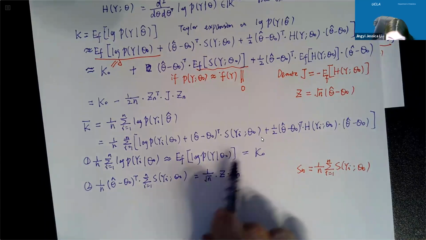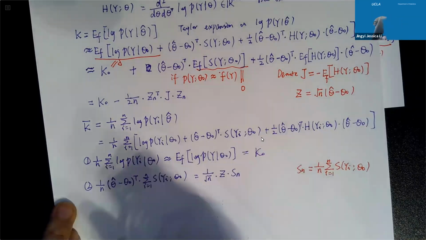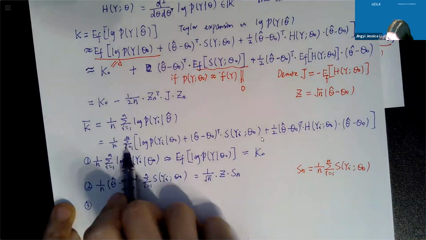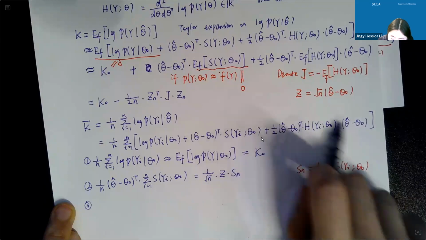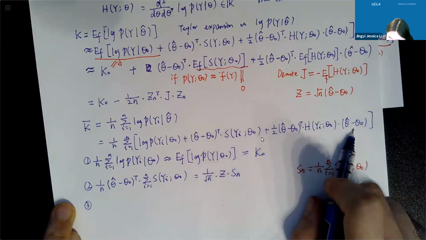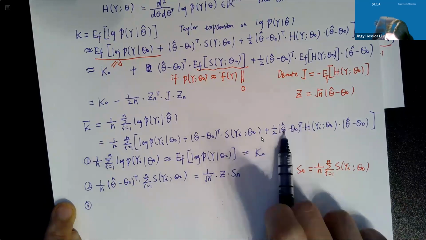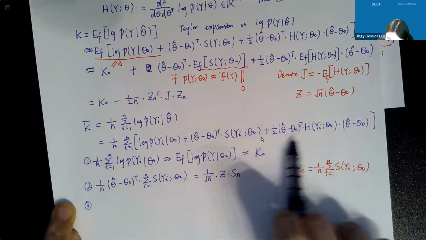And for the third term, 1 over n times the summation of this part. Again, I'm going to move the two terms not involving i out of the summation.